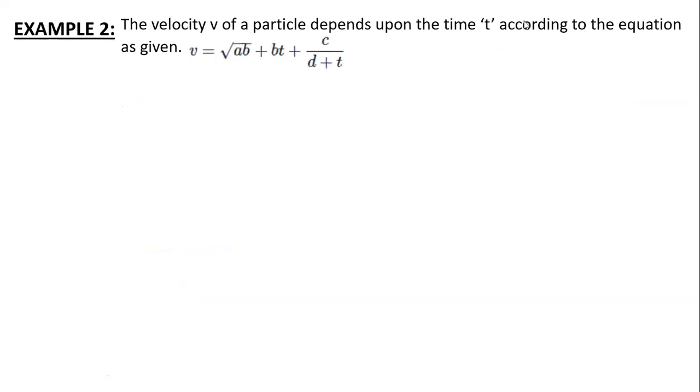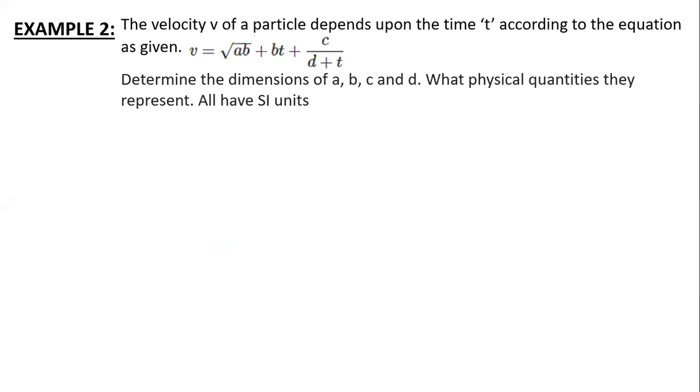So what type of questions will come under this? Now they are given already that it is dimensionally correct. The velocity of the particle depends upon time according to the equation. So they have already specified the dependence equation. You need to find the values of A, B, C, and D. And once you find the dimensions, you need to tell what physical quantities they might represent based upon their dimensions.